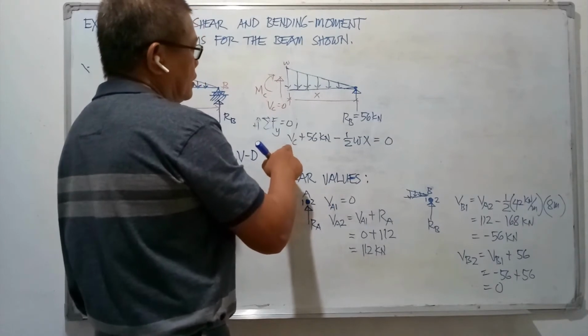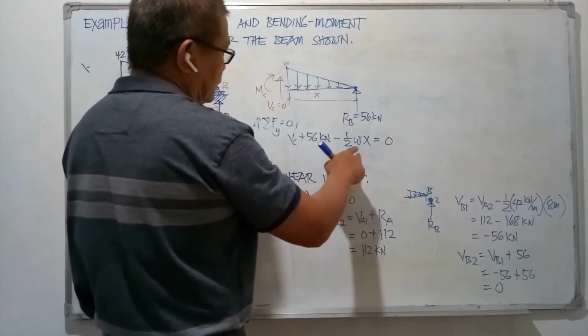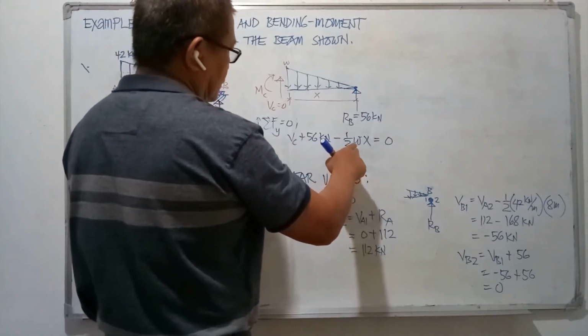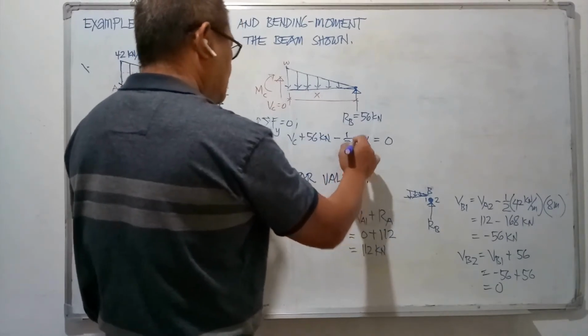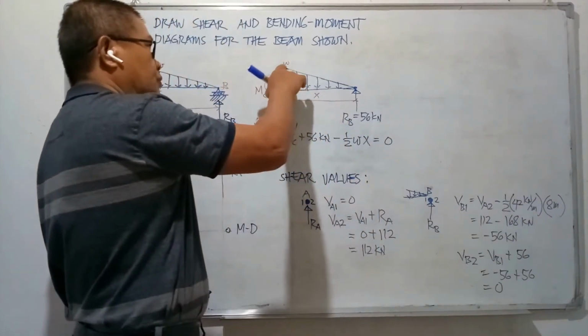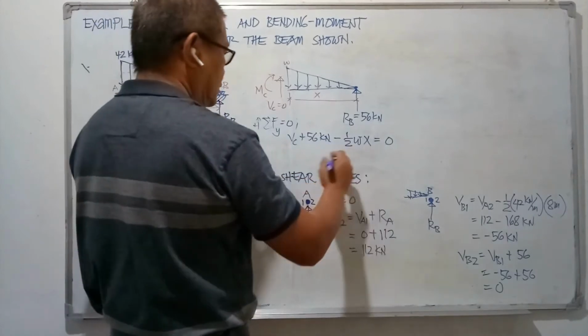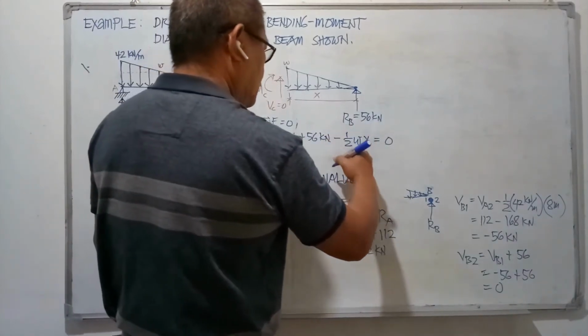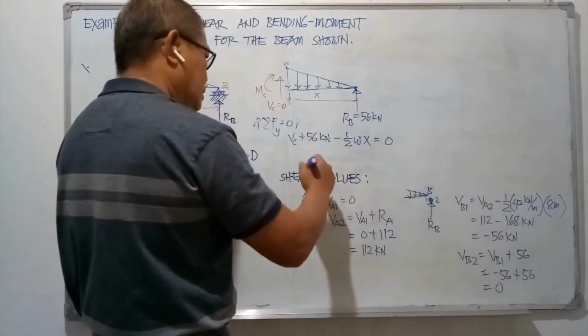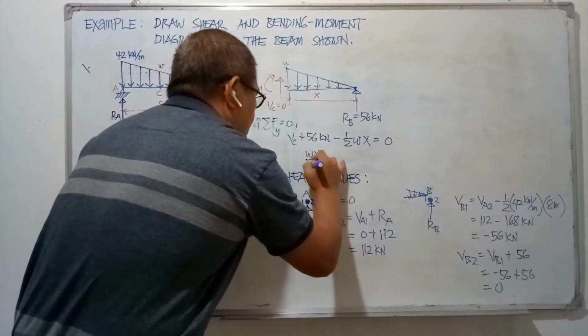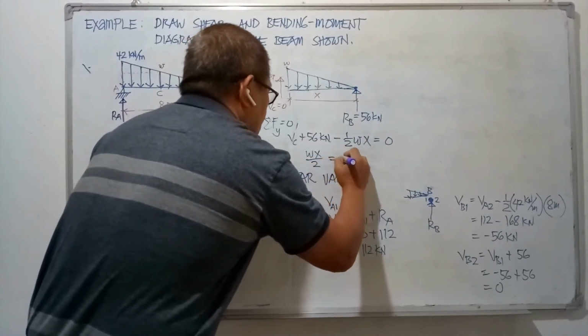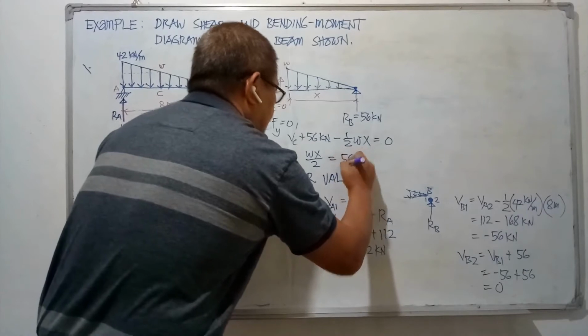Since V sub B is 0, what remains of our equation, we will solve for W here, we will express W in terms of X. So transpose this to the right, it is positive, and WX divided by 2 is equal to 56.